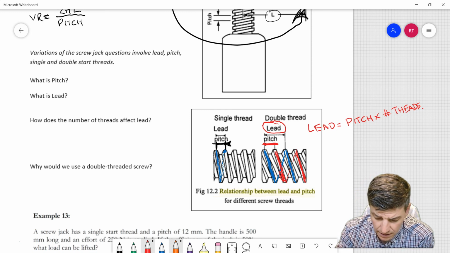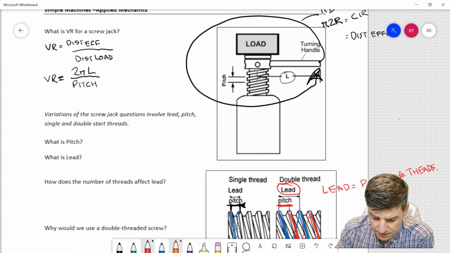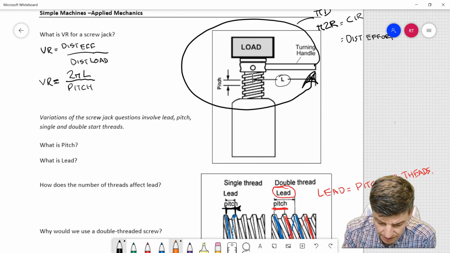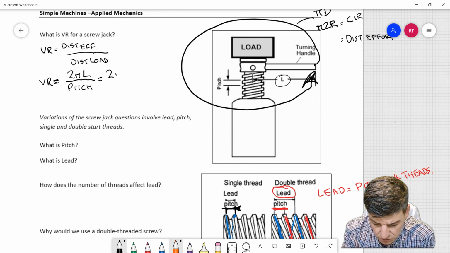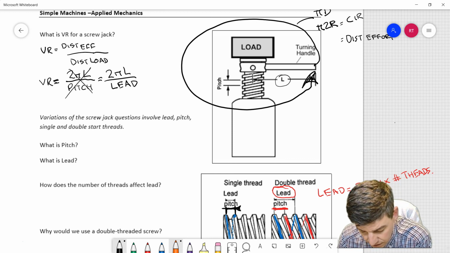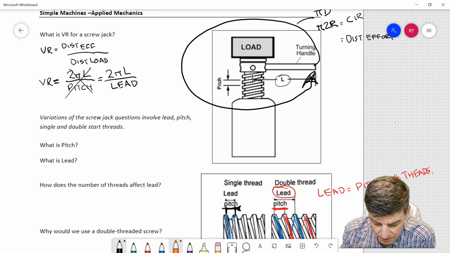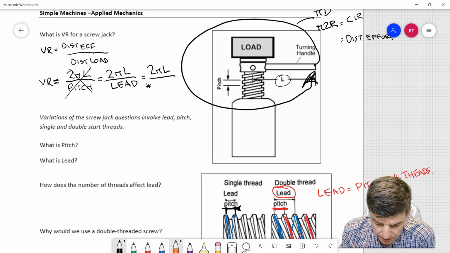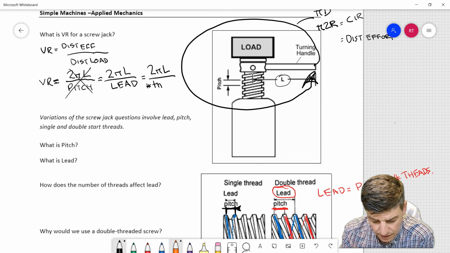And when I go back to looking at my VR, it's 2 pi L over the lead. So that's not quite right. The other way we might look at it is 2 pi L upon the number of threads times the pitch.